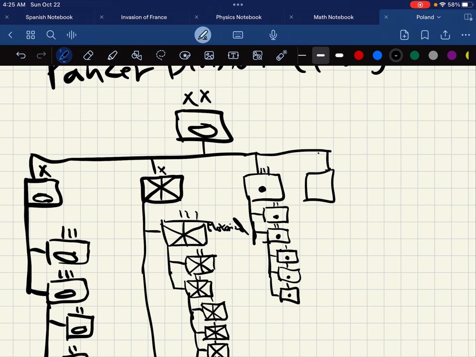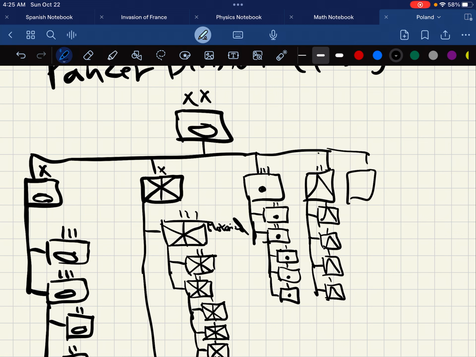So anti-tank, there's going to be an anti-tank battalion as well. And the anti-tank battalion is going to be made up of, I think, 4 companies. And then there's an engineer battalion.